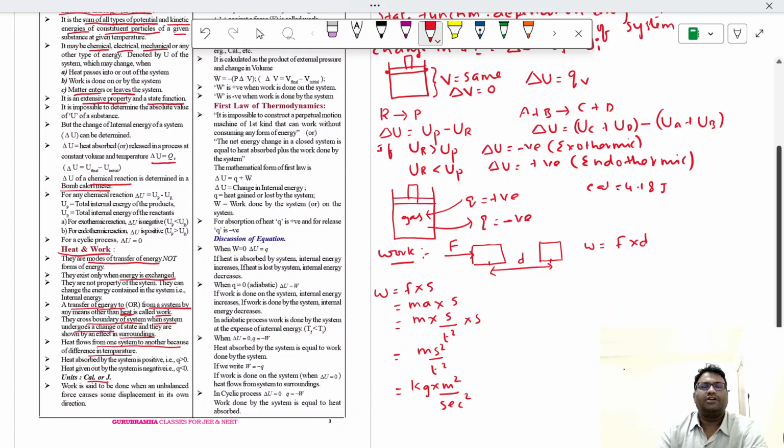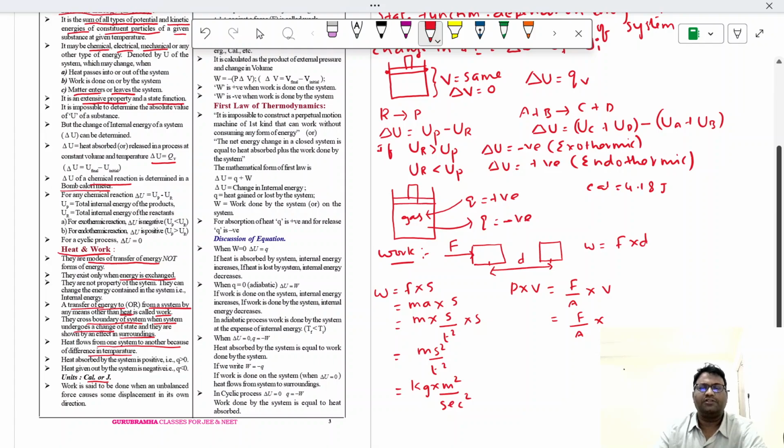Let us go with PV work done. What units do we get on multiplying pressure and volume? P into V. We know that pressure is equal to force per unit area, into volume. So F by A into volume.